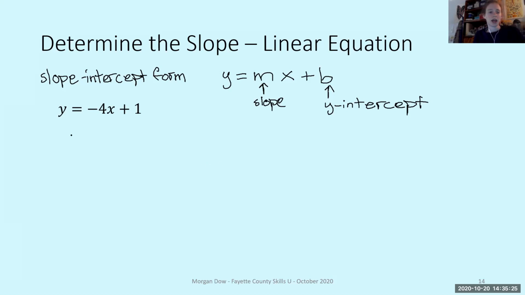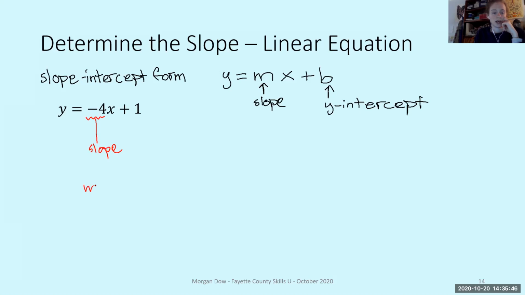So when you're looking at a linear equation like this, you see, okay, this is in slope-intercept form, and I look for the number that's being multiplied with x, and that's the slope.